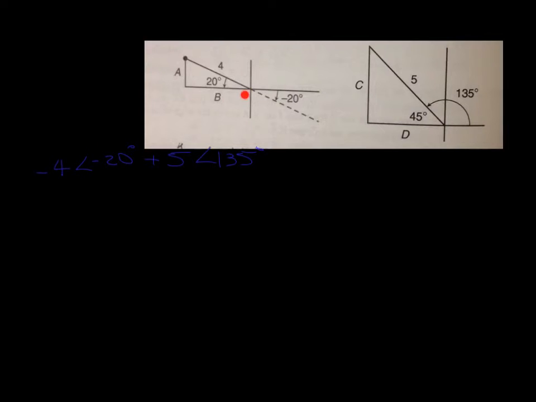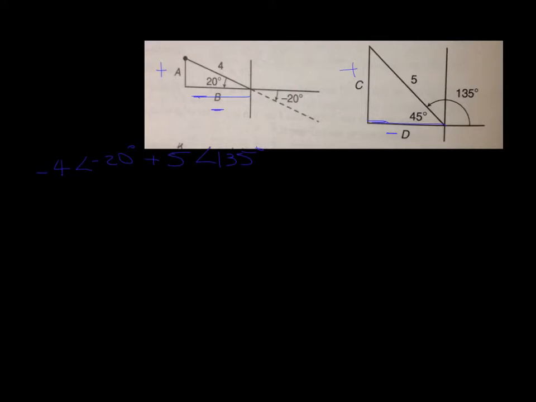This one is a little bit trickier because we go negative 20, 4 long, and then go the opposite direction because of this negative to find out where my point actually is. So my point is actually here. This is my x, which is going to be negative, and this is my y, which is going to be positive. And over here, my d is going to be negative and my c is going to be positive. That's important to remember.